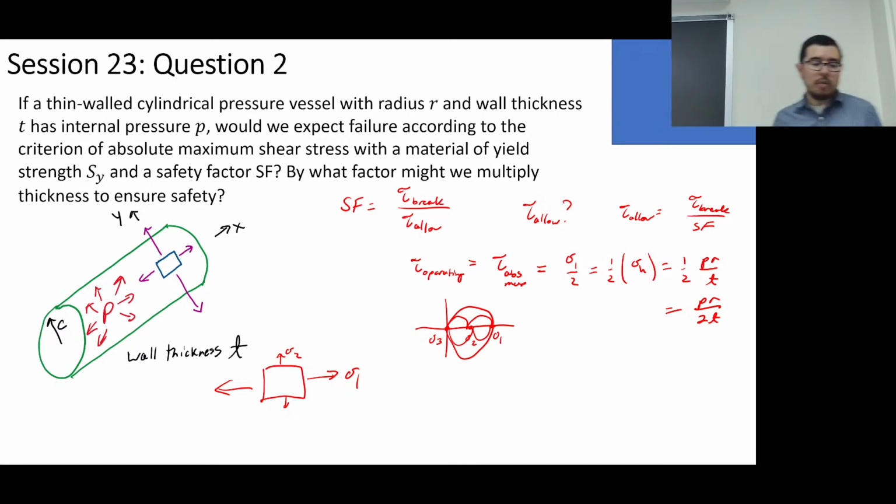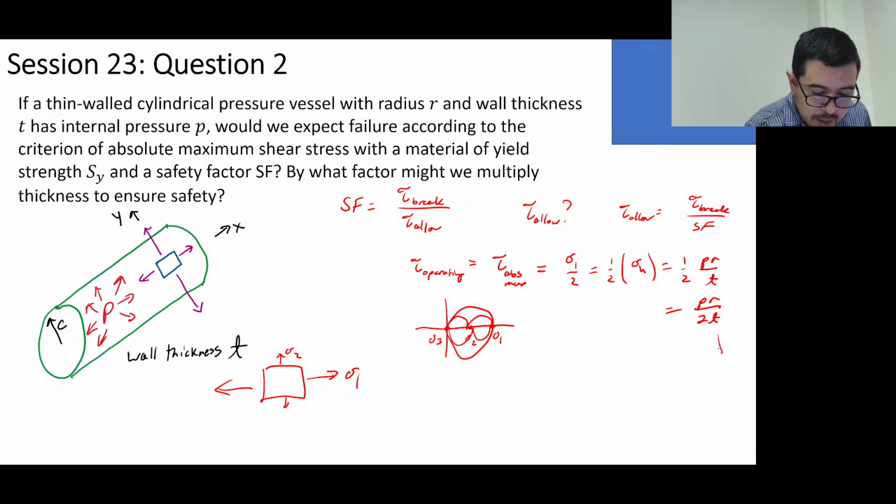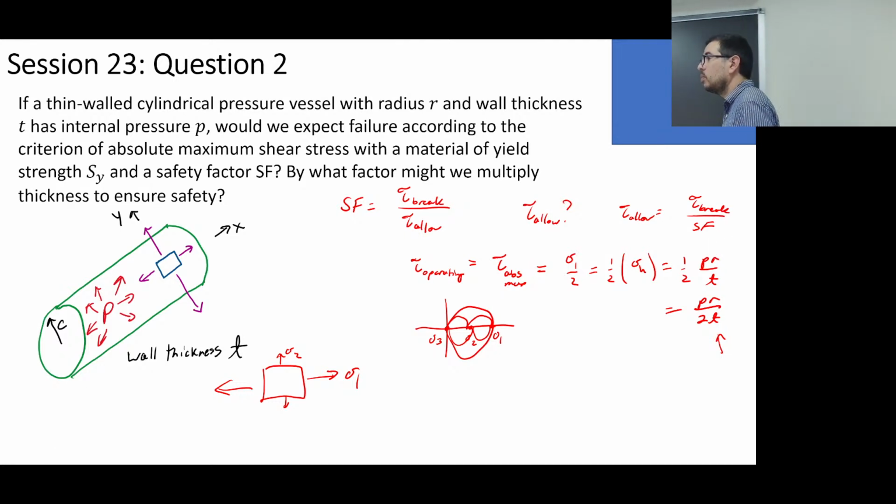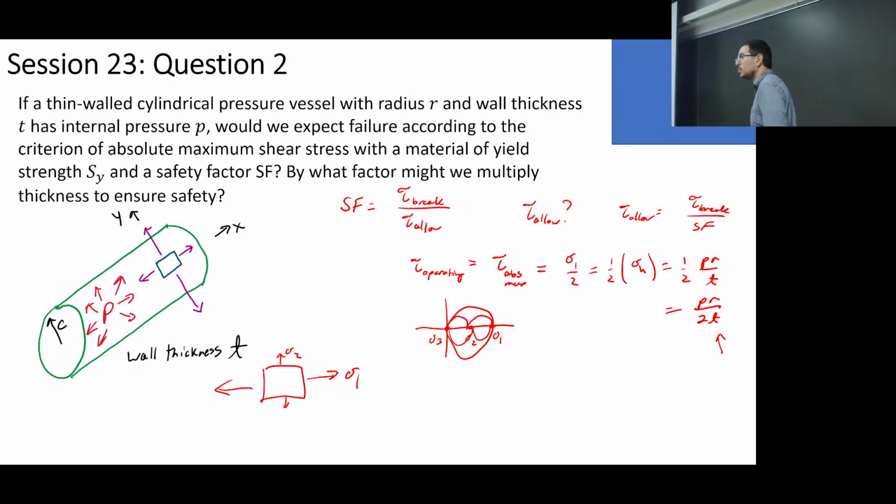So what we have to do is multiply by a certain factor, such that the operating stress is going to be equal to the allowable stress, which is equal to tau break over SF. Does that make sense? Any questions? That's why, you think safety factor is really simple, but it gets a little nuanced.